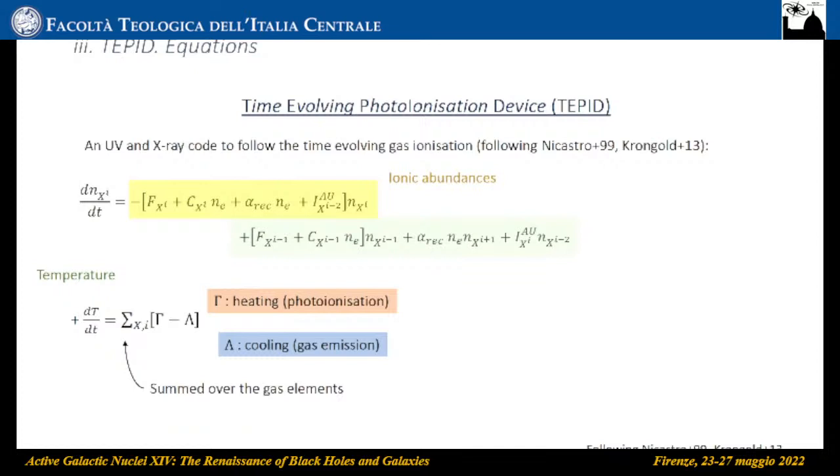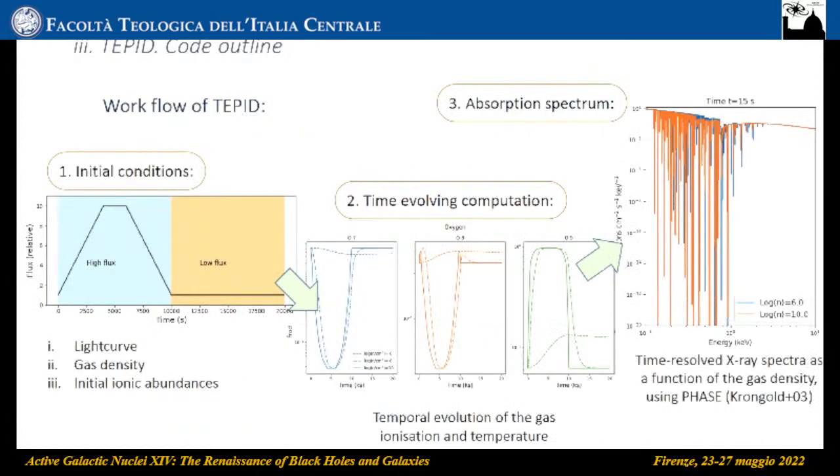You start by specifying initial conditions, so for example, here you have a simplified, for the moment, light curve. Then you specify the gas density and the initial ionic abundances. Then you perform a time-evolving computation, so you follow the gas ionic abundance over time. And at the end, you build an absorption spectrum as a function of time.